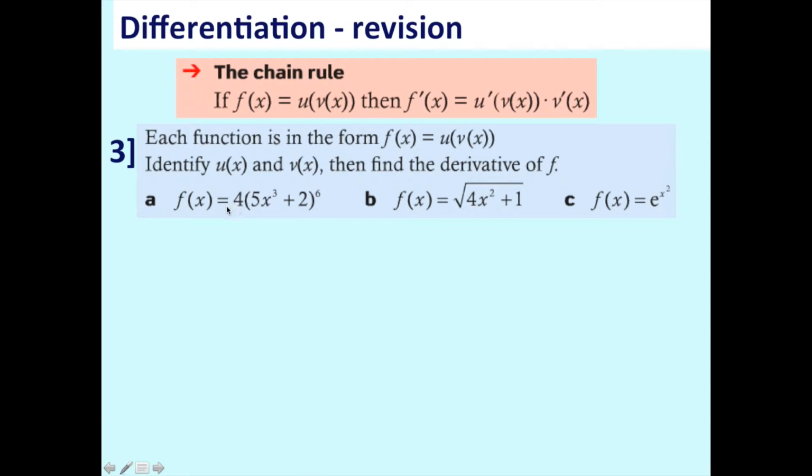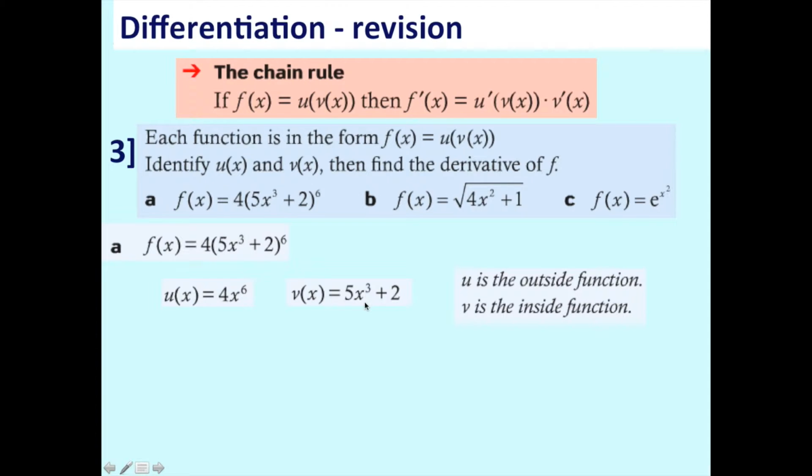For this function f of x equals 4 times 5x cubed plus 2 to the power 6, we're going to designate u of x as 4x to the power 6, and then we're going to designate v of x, this section inside the brackets, which is 5x cubed plus 2.